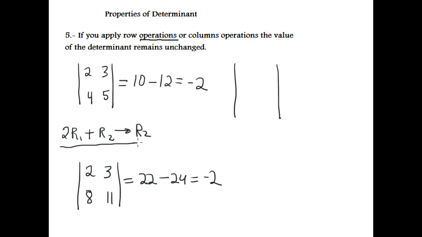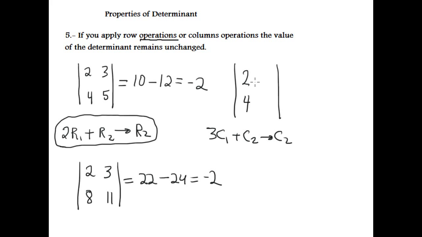In a matrix we have only row operations, but in a determinant we allow row operations and column operations. Suppose you multiply by 3 column 1 plus column 2, stored in column 2. So column 1 stays the same, but column 2 changes to a new value: 3 times 2 is 6, and 6 plus 3 is 9, and 3 times 4 is 12, and 12 plus 5 is 17.